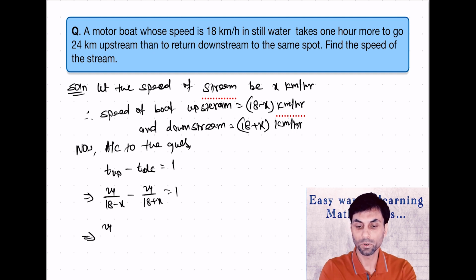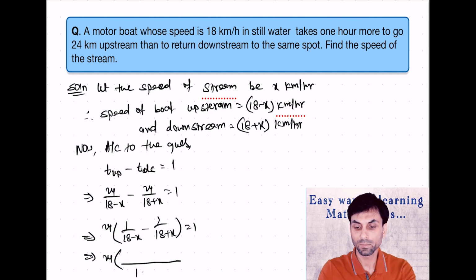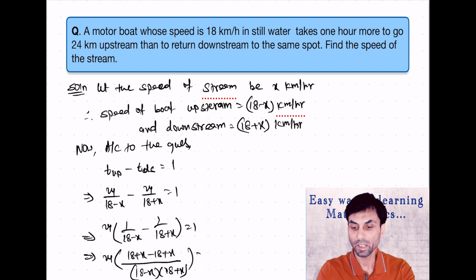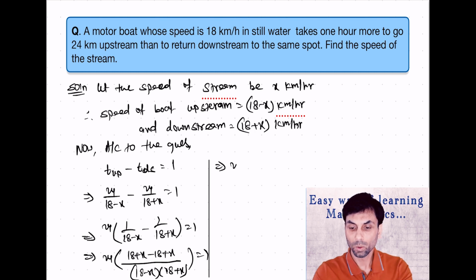Now if we take 24 common, we'll get 1 upon 18 minus x minus 1 upon 18 plus x is equal to 1. 24 on taking LCM, 18 minus x into 18 plus x, it will be 18 plus x minus 18 plus x equals 1, which will be 24.